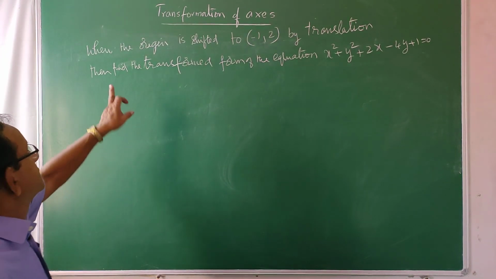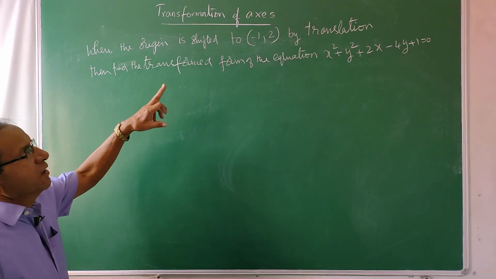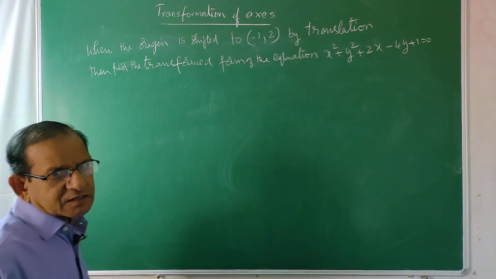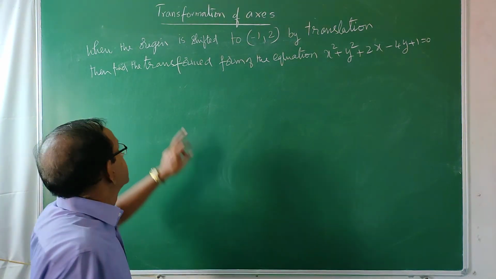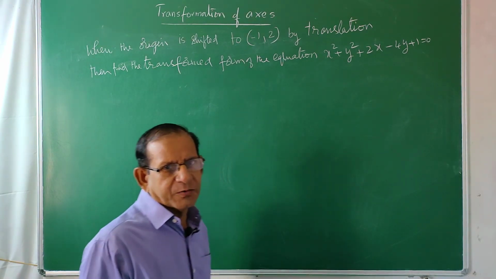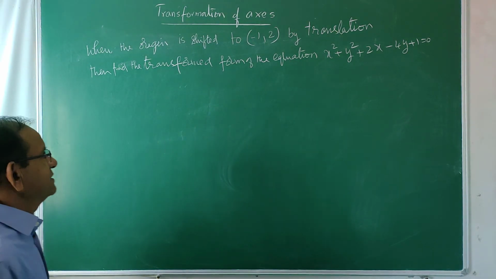See the question. When the origin is shifted to minus 1 comma 2 by translation, that is by parallel transformation, what is the transformed form of this equation? That we have to find out. Here, what is the given equation?